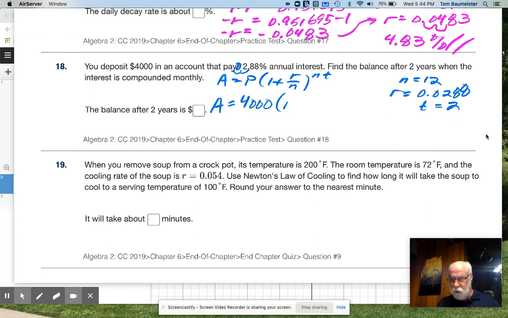Then I'm going to have 1 plus 0.0288 divided by 12 raised to the 12 times 2 power. Plug that into your calculator. Of course, it will be 2 decimal places because it is money, and you should get 4,236.87.